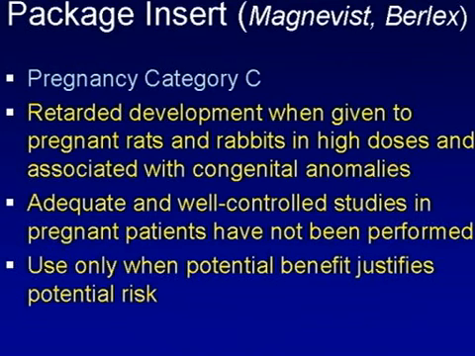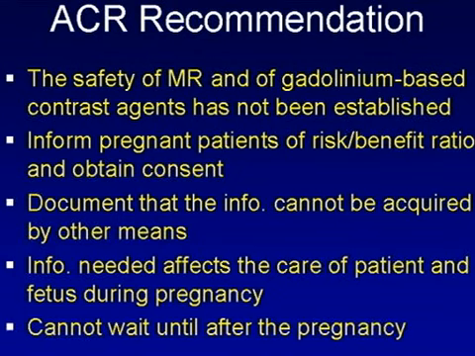If you look at the package insert on Magnevist, which is the Gado agent that we use, this is categorized as a pregnancy category C drug, which means that although there are no studies in fetuses that have been exposed, there have been animal studies which have shown adverse outcomes with various congenital anomalies. So that's why it's category C. They say use only when potential benefit justifies potential risk.